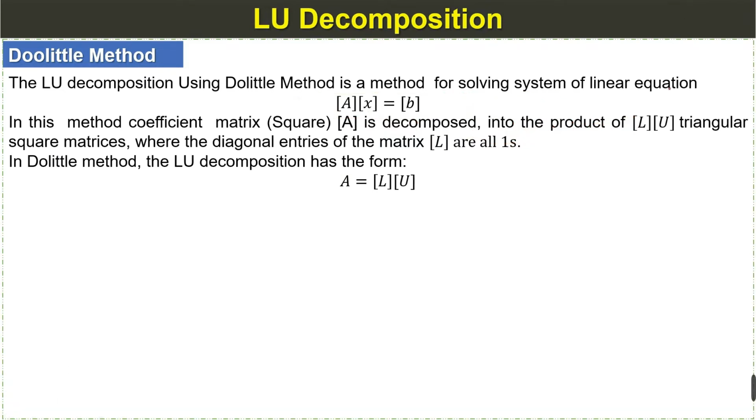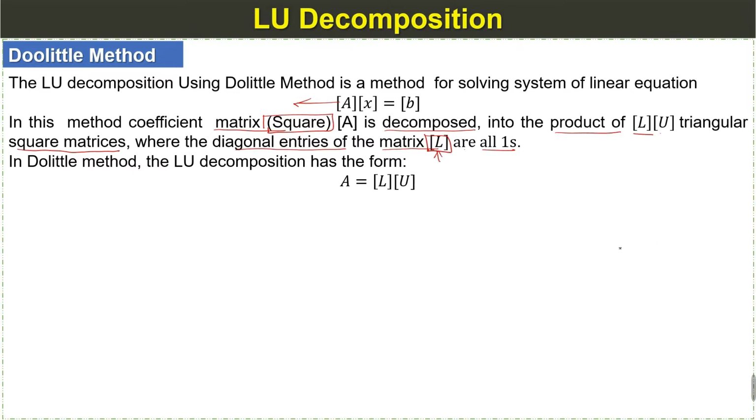So in this method, the coefficient matrix A, this is a square matrix, is always decomposed into the product of a lower triangular and an upper triangular square matrix. Where the diagonal entries of the matrix L, the lower triangular matrix, are all ones, meaning the diagonal entries of this matrix will be 1.